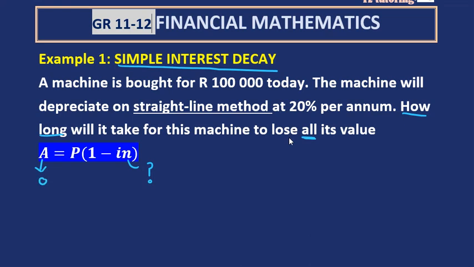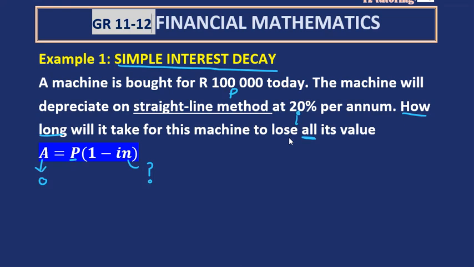In other words, for A to be 0. Remember, A is the amount in future, or the value of the machine in future. How long will it take for it to become 0? And we know that P is the present value of the machine today, which is 100,000. And of course, i would represent the depreciation rate, which is 20%.